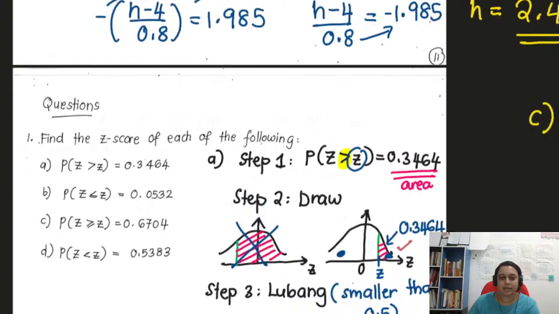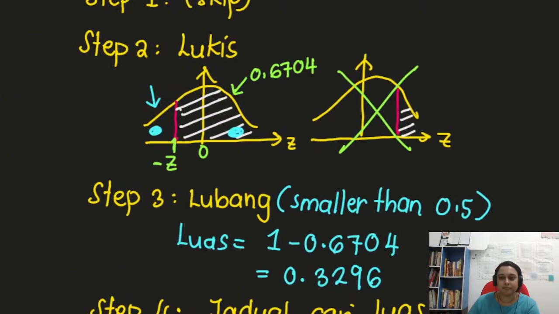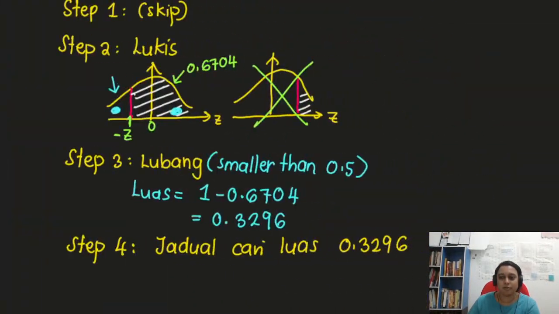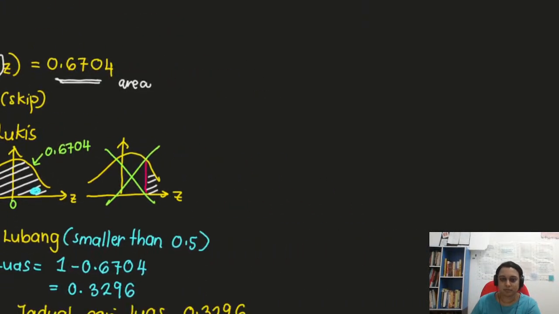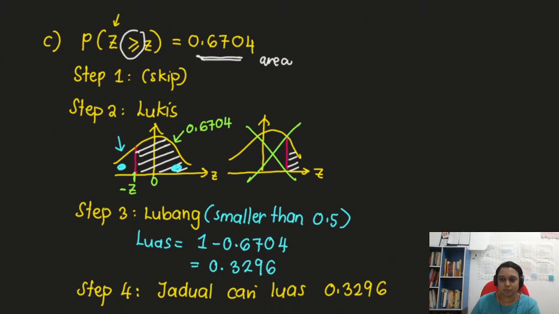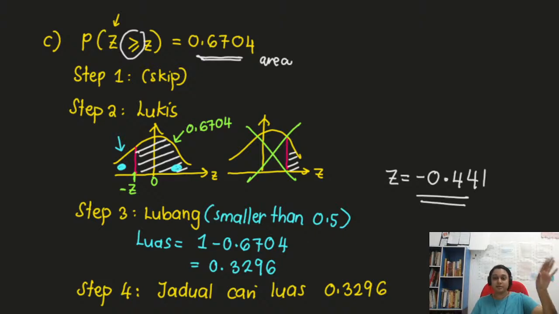So we should get right down here 0.441. So here kita punya Z. Okay. Z kita ialah negative 0.441. Kenapa teacher negative? Because that Z is on the left side. Dia berada pada sebelah kiri of the graph. So that's why.